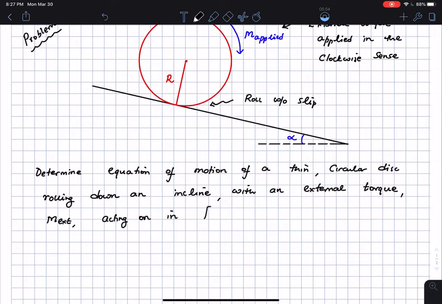I think in my figure I have written this as M applied, so M external is M applied, and I'm just going to call this M of t.